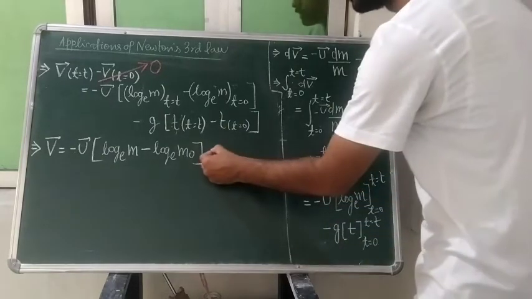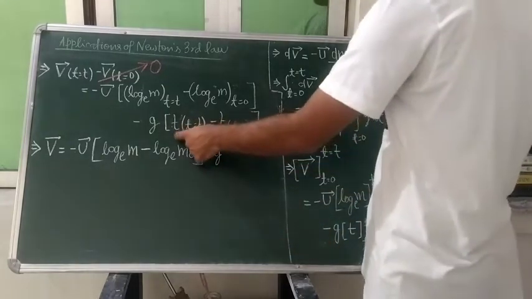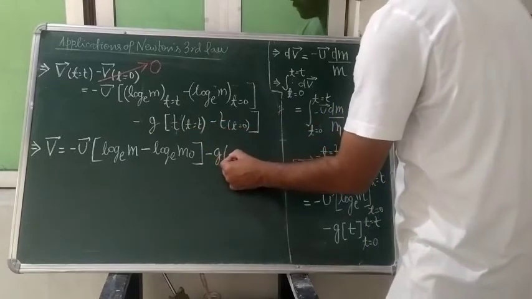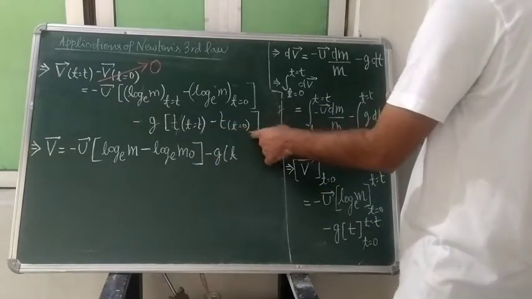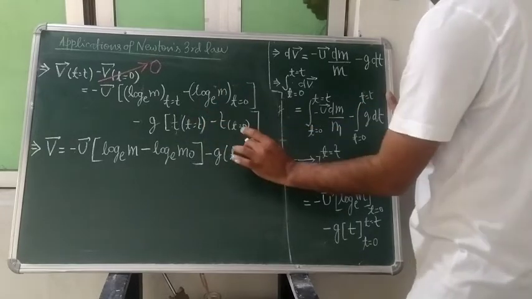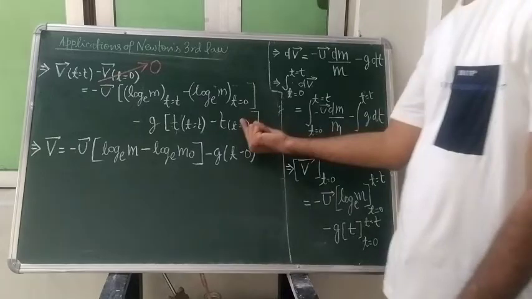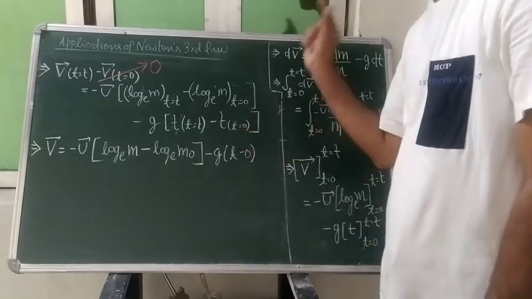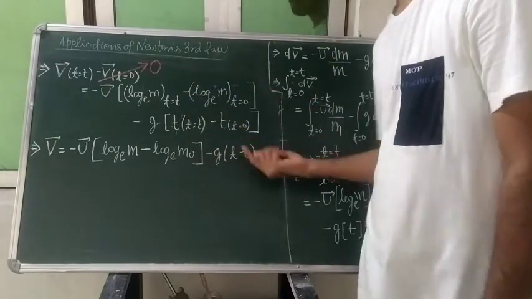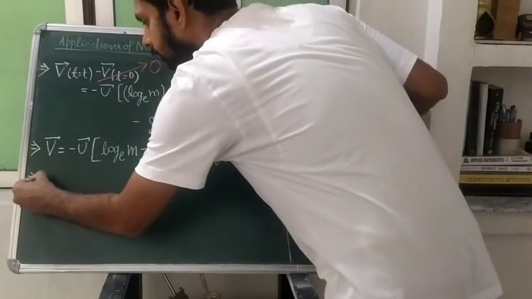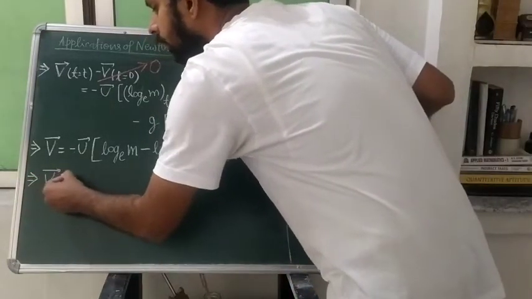And here minus g times t, the time at instant t, and when time t is equal to 0 there is 0 time. So t minus 0, the starting t is 0. This velocity we will get.